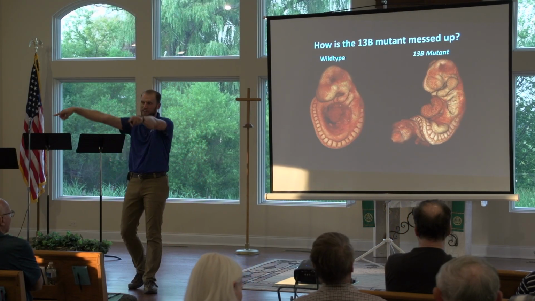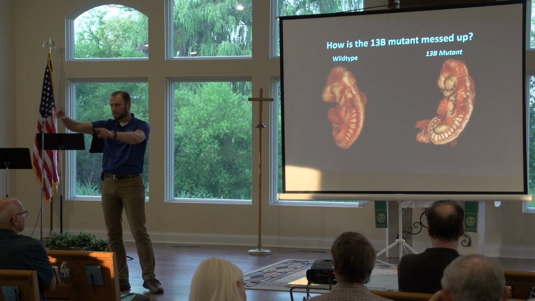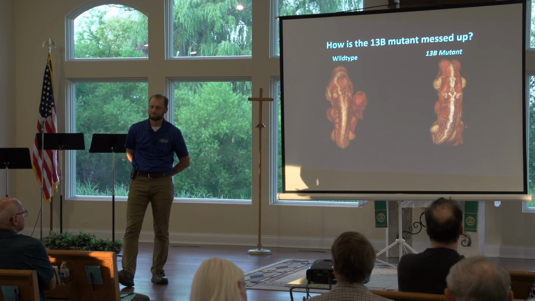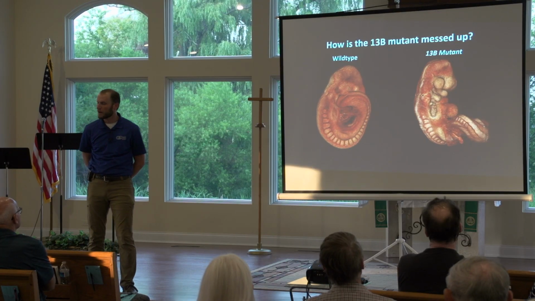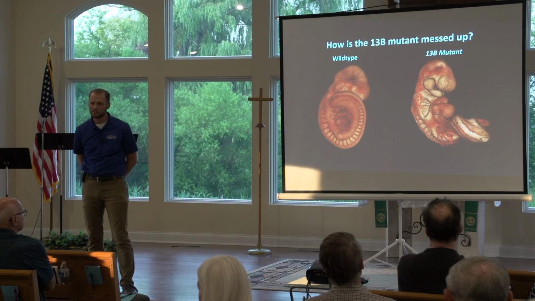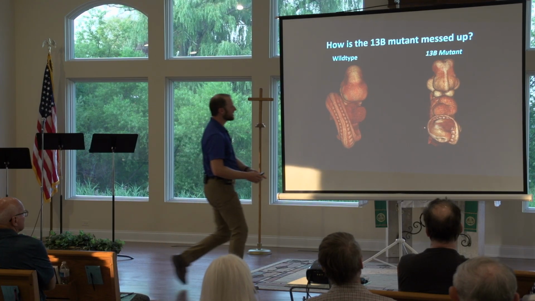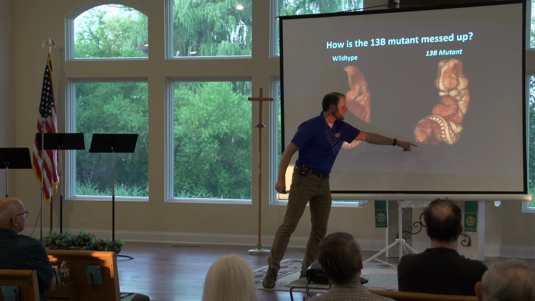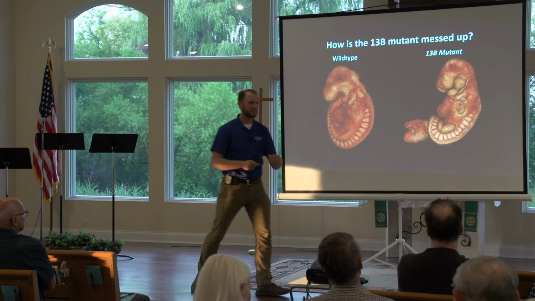Let's start over here. Raised hand, something that you see that's wrong in the mutant. Go ahead. Well, the spinal column again, it doesn't look complete for one thing. Okay, yeah. So you notice like it's still open down here, and you notice how it's kind of spiraling. Good observation. Let's go over here.